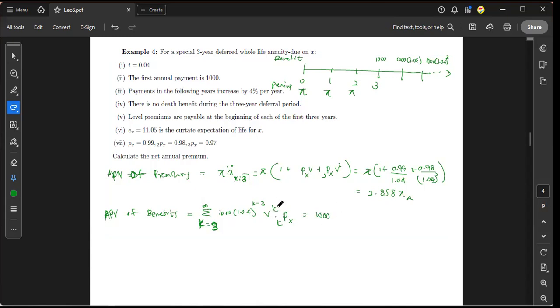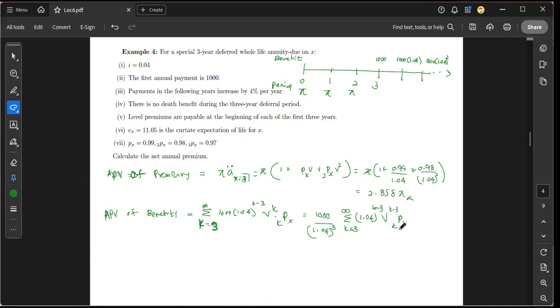For this, I can make k minus 3 by taking v to the power 3 out. So that means starting from k equal 3 to infinity, we have 1.04 to the power k minus 3, v to the power k minus 3, and the probabilities of surviving from x to k years.